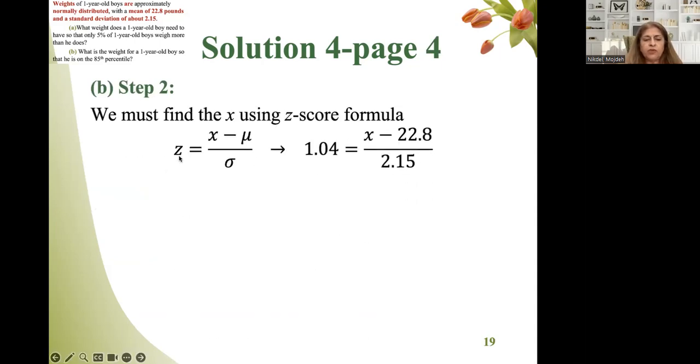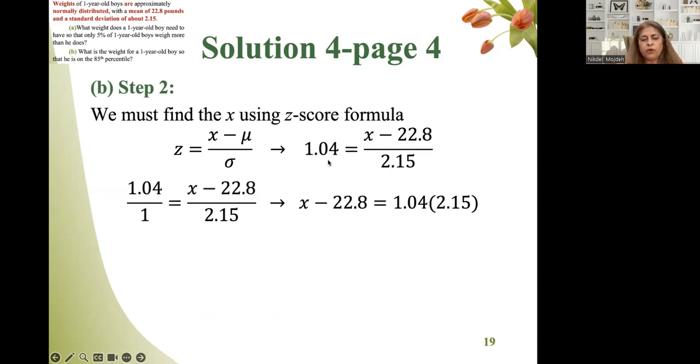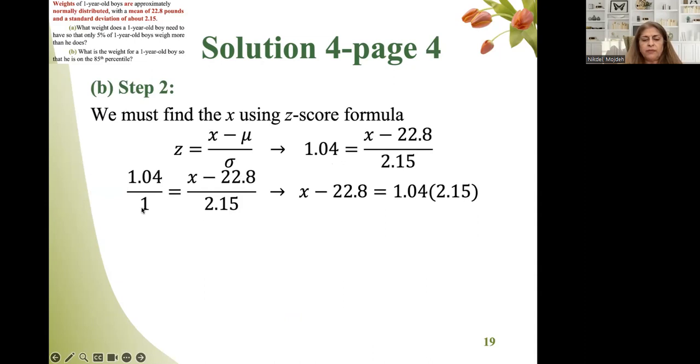Z was 1.04, X is unknown, mu is 22.8, sigma is 2.15. I'm going to put 1 under 1.04 and cross multiply. X minus 22.8 equals 1.04 times 2.15.